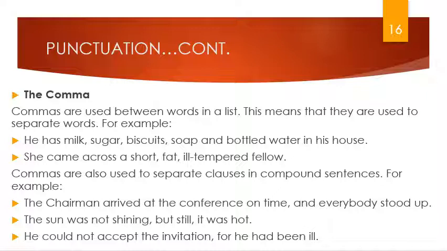The comma is used between words in a list. That is, when the writer is itemizing objects or items, a comma is used there. For example, he has milk, sugar, biscuit, soap, and bottled water in his house.